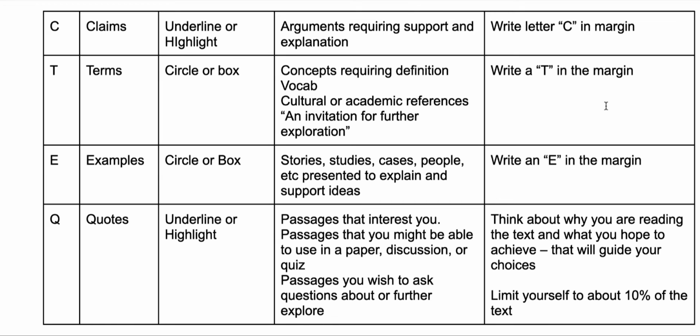So the key with T and E of CTEC, terms and examples, is to circle or box it the first time you see it so that you can find where the discussion of that term or example begins when you go back later to review.